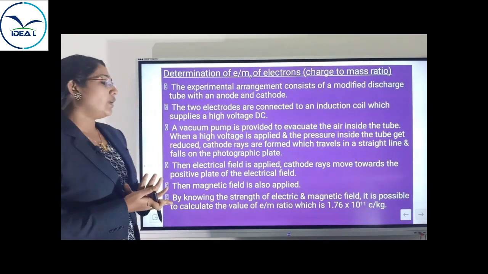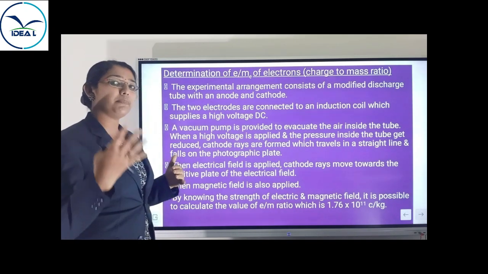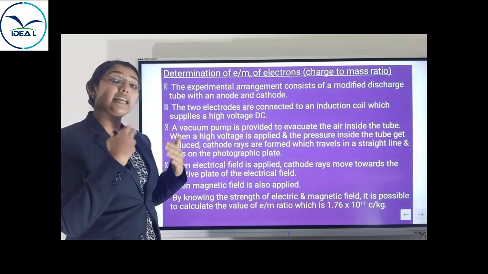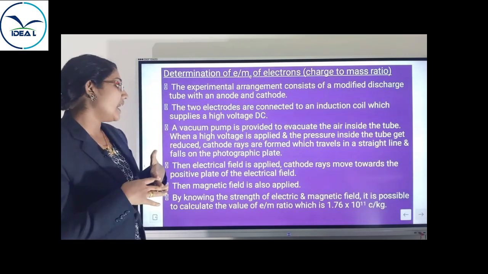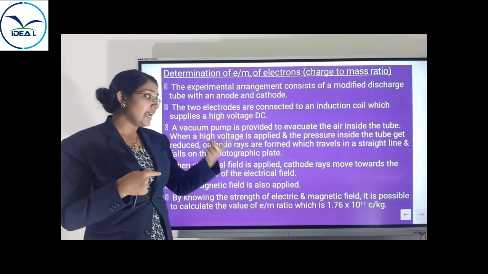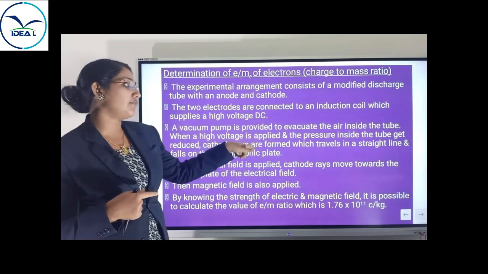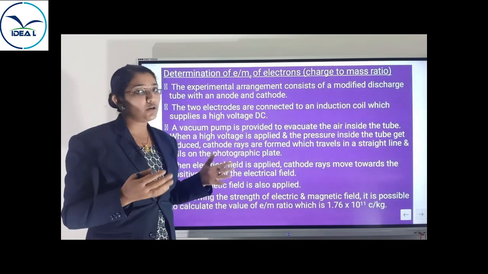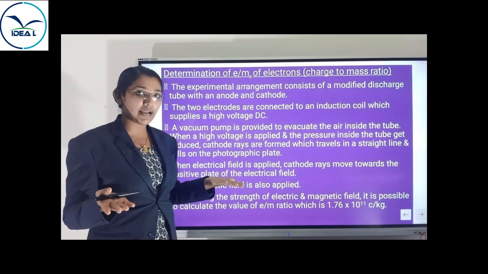What happens when high voltage is applied to the discharge tube? The pressure inside the tube gets reduced and cathode rays formed at the cathode move towards the anode, traveling in a straight line. Why do they travel in a straight line? Because there is no electric and magnetic field.